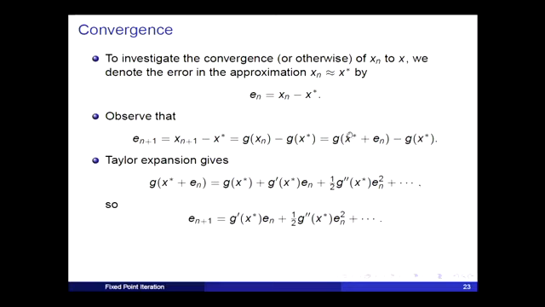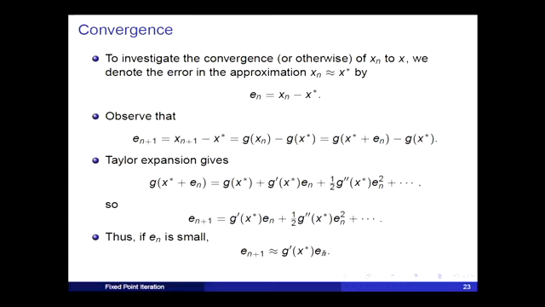So you get out g prime times e_n, and you ignore the higher order terms. Essentially, you see this is a relation between e_{n+1} and e_n: e_{n+1} is approximately g prime of x star times e_n.